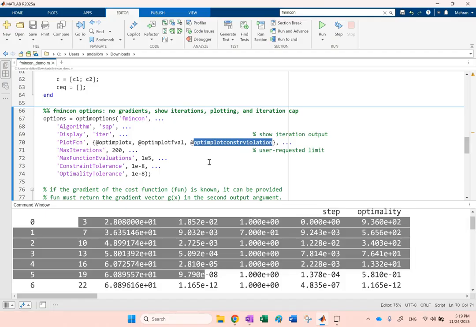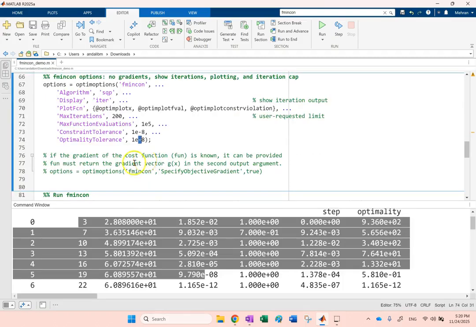Because the constraints should not be violated, but here it tries to enforce them as much as it can. So the closer this number is to 0, that means the constraints are almost perfectly applied. Just use 200 iterations max, and then maximum function evaluations is 5,000, constraint tolerance, and optimality tolerance.